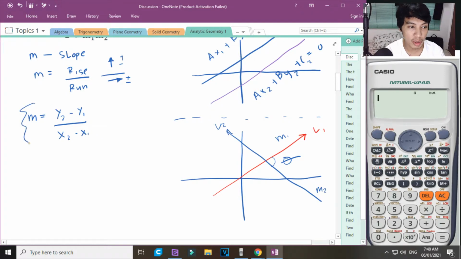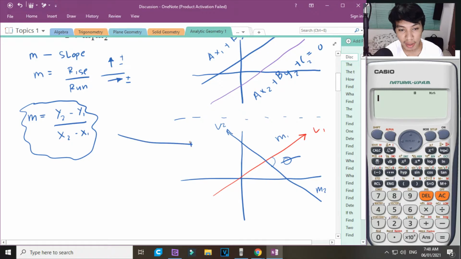This is the most basic formula in order for you to get the slope of the line. Now, these two lines, okay, you can get if only given yung kanilang points. Meron kang mga points dyan na contain, in order for you to get the formula nung slopes.